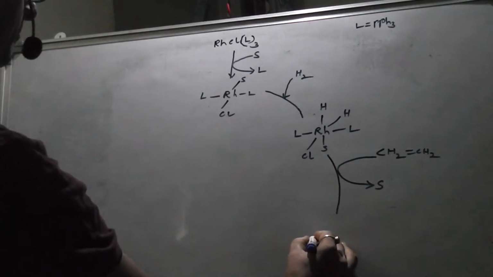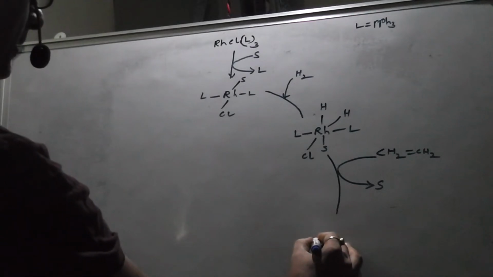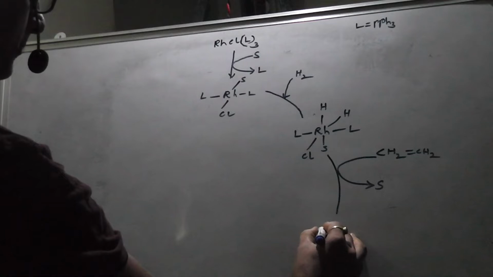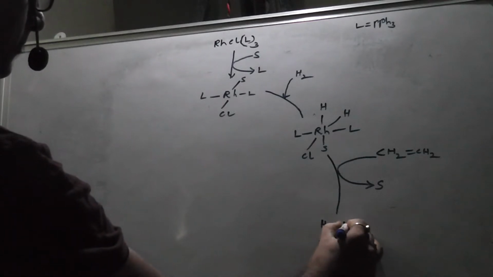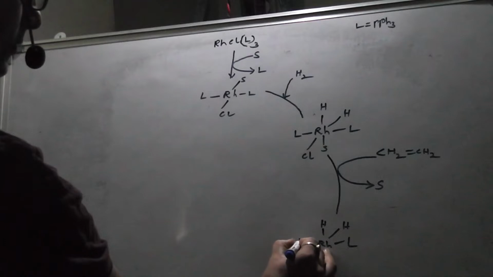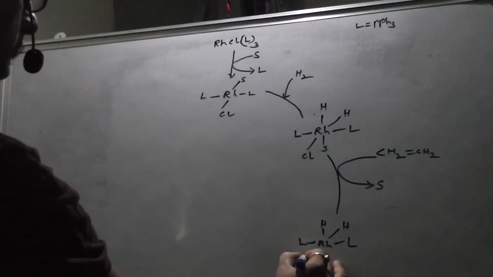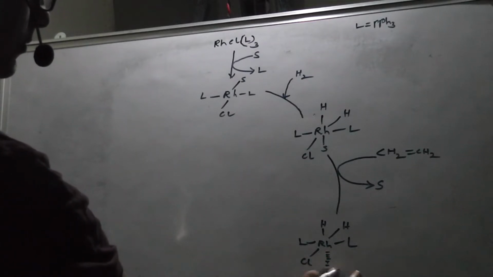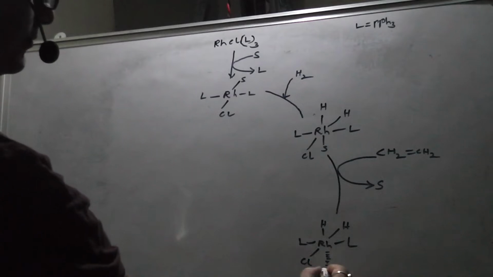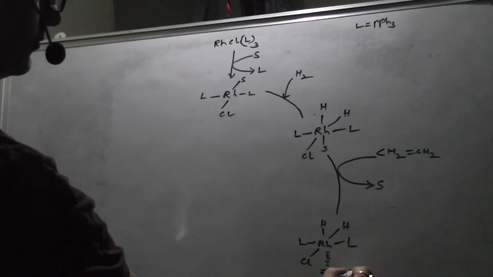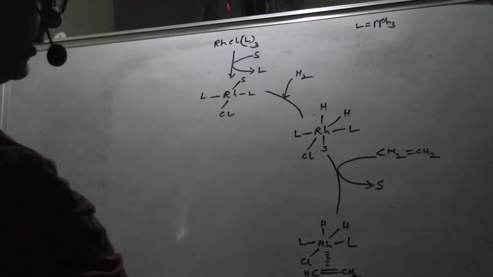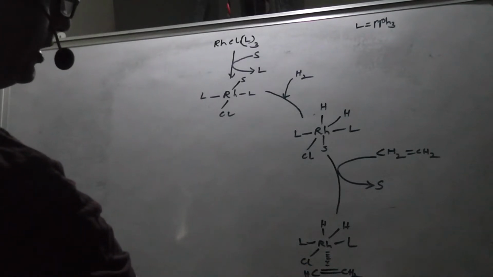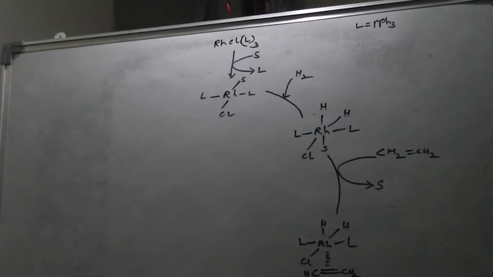So we have an eta 2 complex, where the double bond we have to put. It's an eta 2 complex, where 2 electrons are being donated from the alkene side. Here the alkene acts as a ligand.